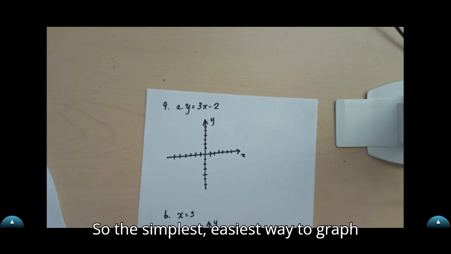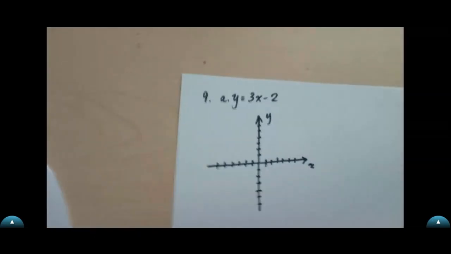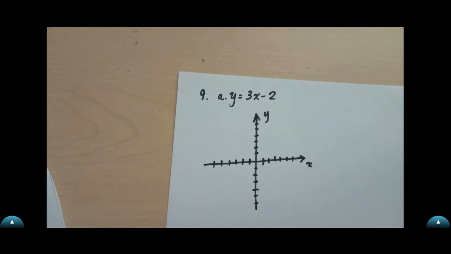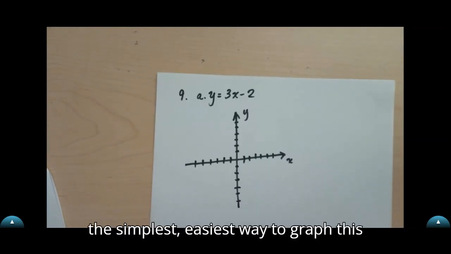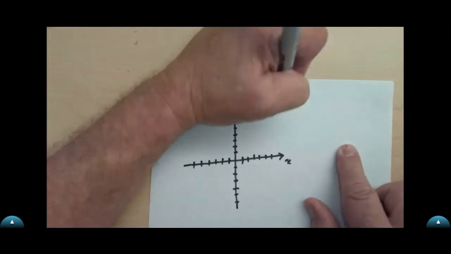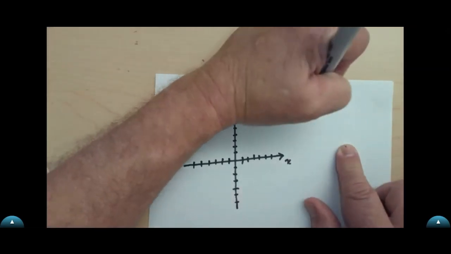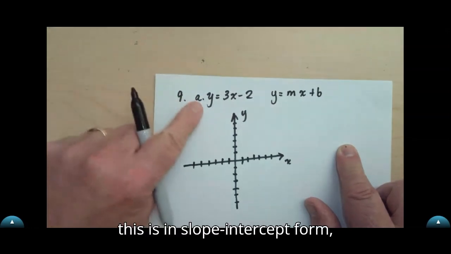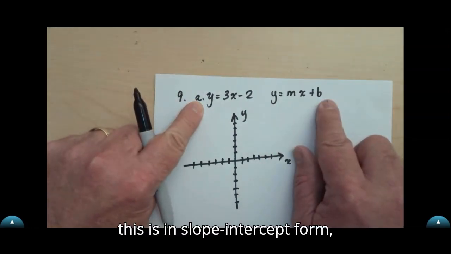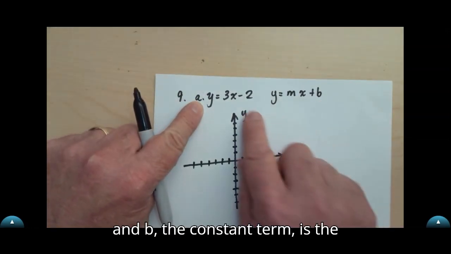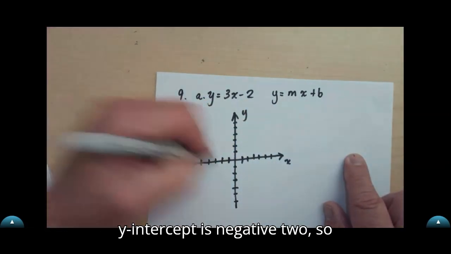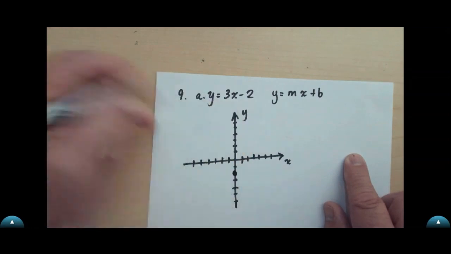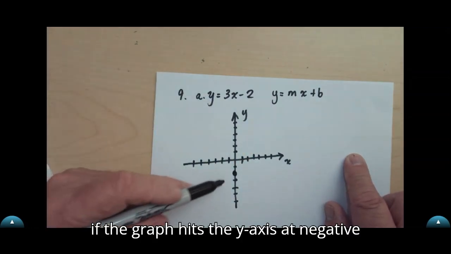So the simplest, easiest way to graph this is to use the fact that this is in slope-intercept form. And b, the constant term, is the y-intercept. Well, that means the y-intercept is -2, so the graph hits the y-axis at -2.